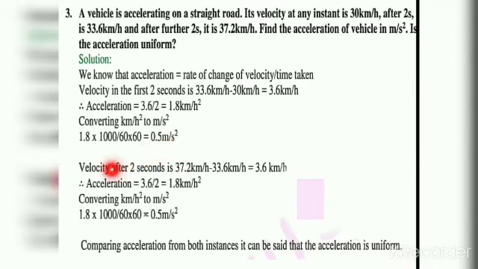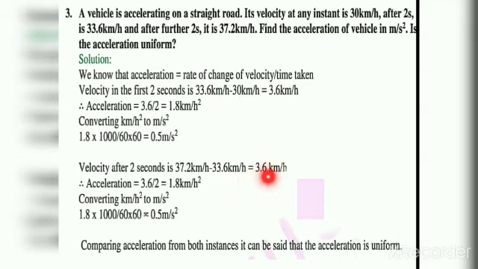So now you are going to find out the acceleration after 2 seconds. Okay, the velocity change after 2 seconds is 37.2 km per hour minus 33.6 km per hour.